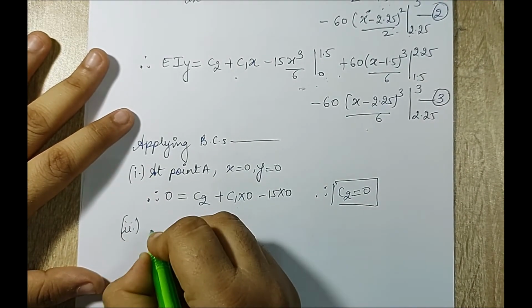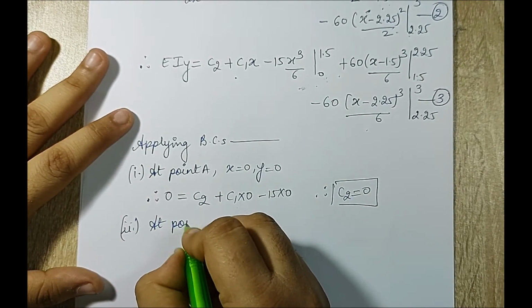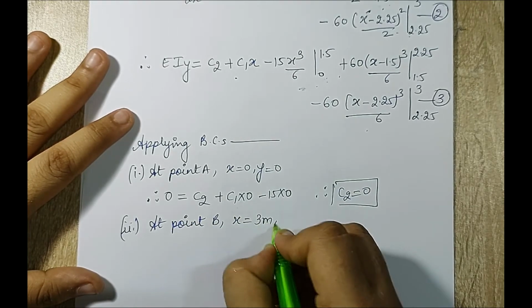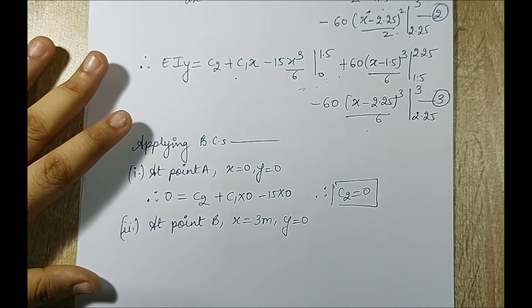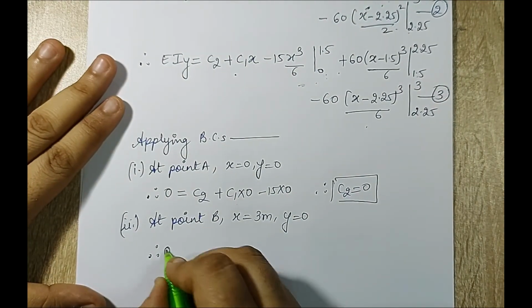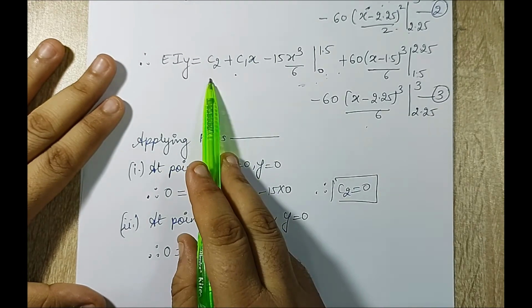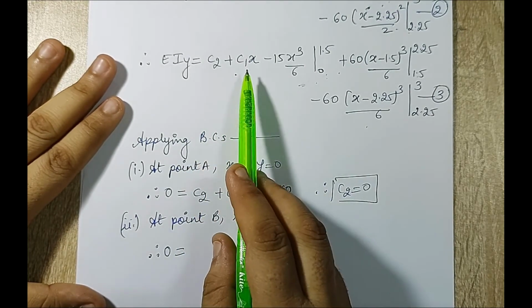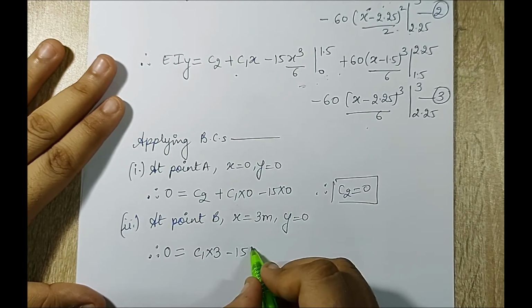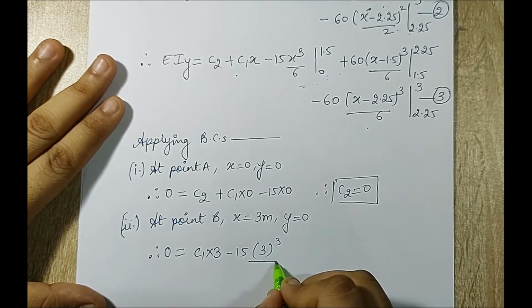Next one, at point B, x is 3 meter and the value of y is 0. When I substitute in this third equation, I get therefore 0 is equal to, C2 is already 0, so I am not taking this value, C1 into 3 minus 15 into 3 cube by 6.